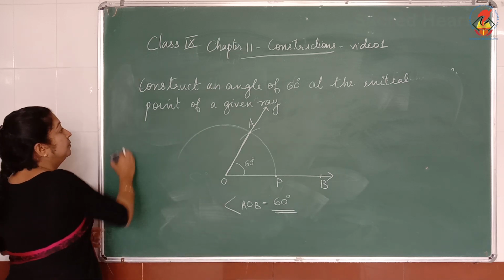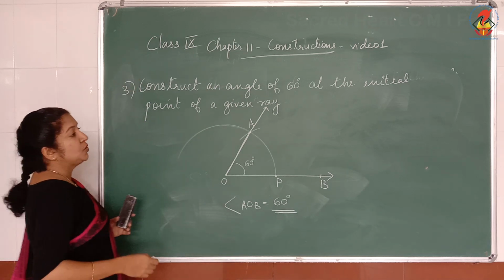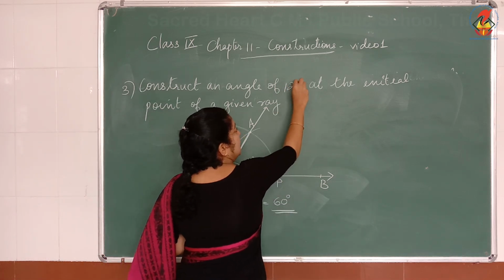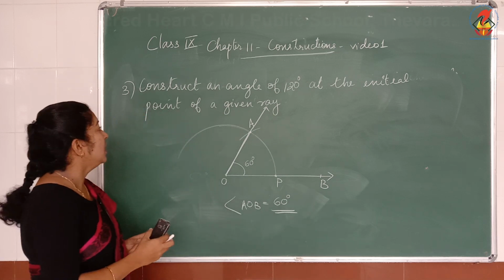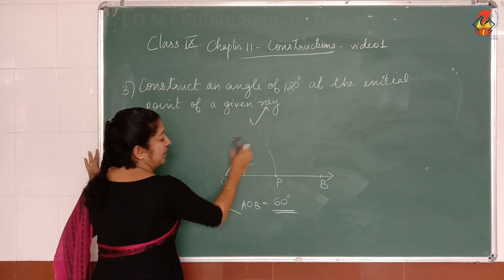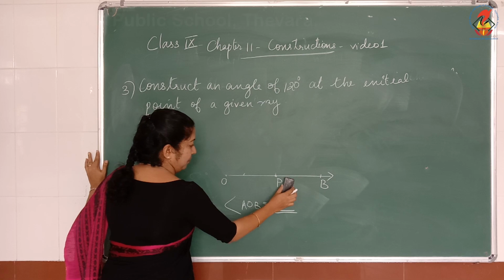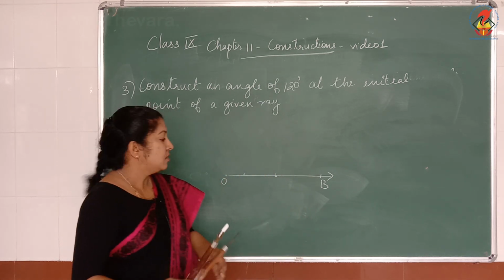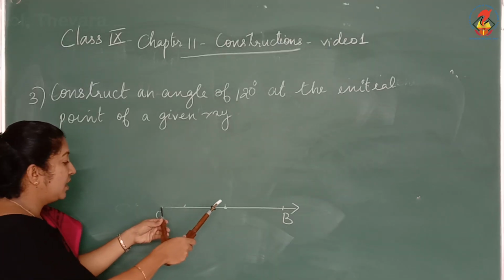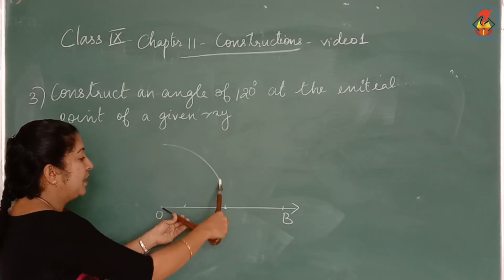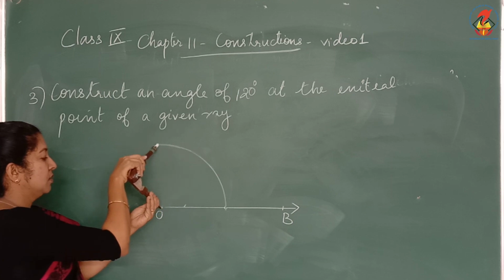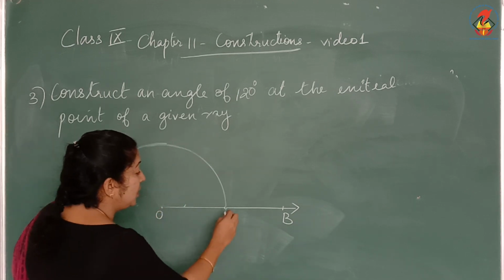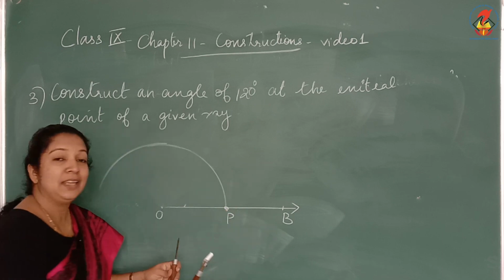Next question. Construct an angle of 120 degree at the initial point of a given ray. The first part is the same as earlier. Take any radius, draw an arc like this. Mark the point of intersection of these two as P. Then, same procedure.